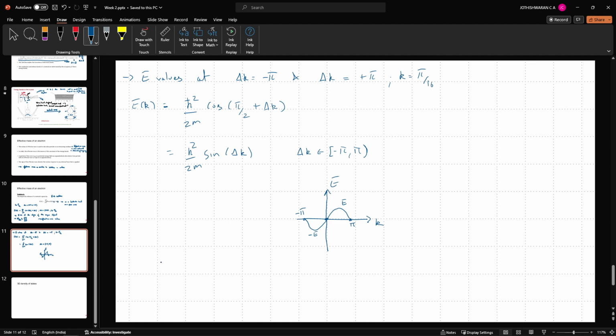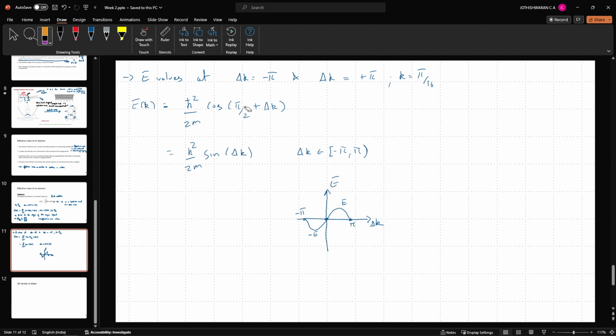So the second part is, let me use a new slide for this. So this is the dispersion relation. Oh no, here I shouldn't say k, it should be delta k. Let me do one more thing and make it clear.